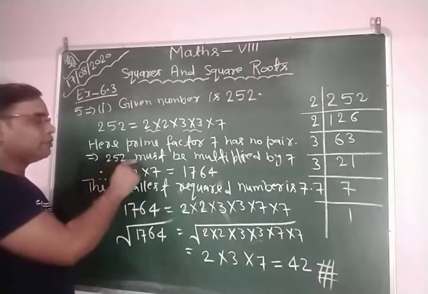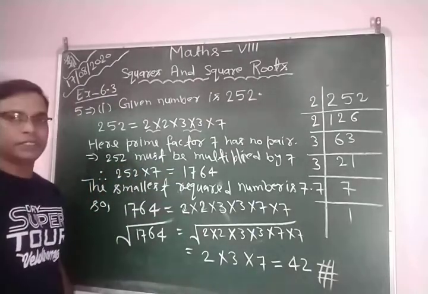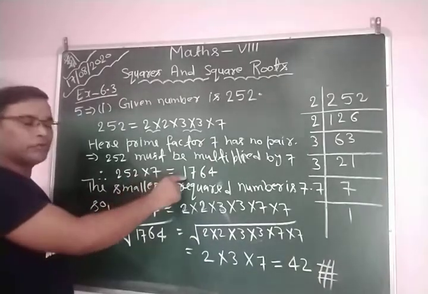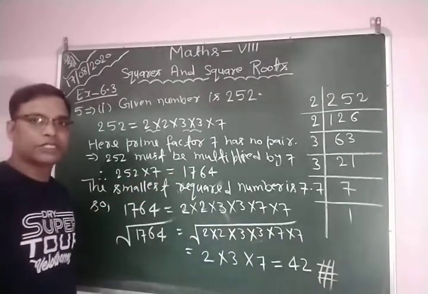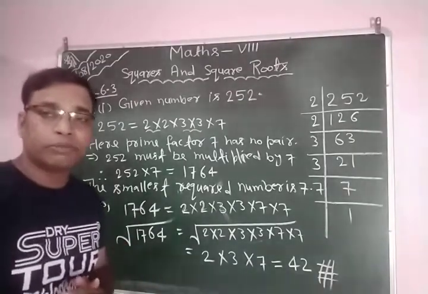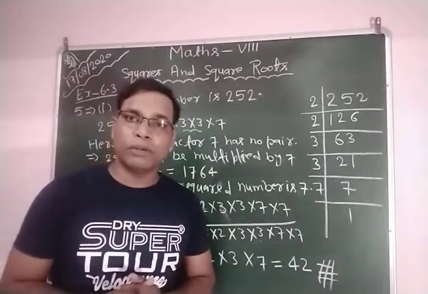Therefore 252 must be multiplied by 7. Multiplying 252 by 7, we obtain 1764.